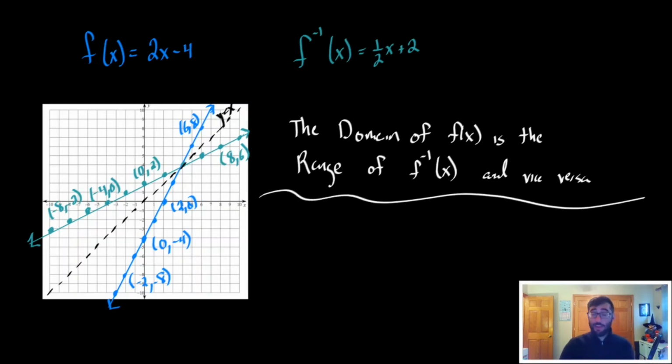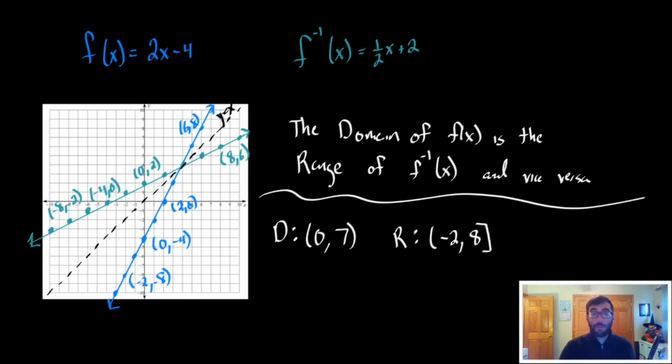Well, with linear functions, you don't necessarily see it because the domain and range is all real numbers. However, let's say hypothetically speaking that the domain of some function f of x was 0 to 7, and that the range of that function was, say, -2 to positive 8, included.